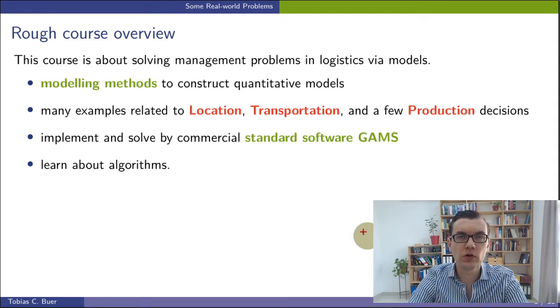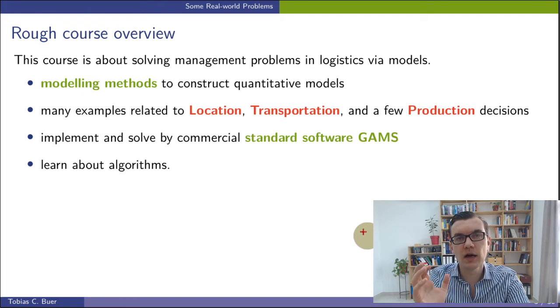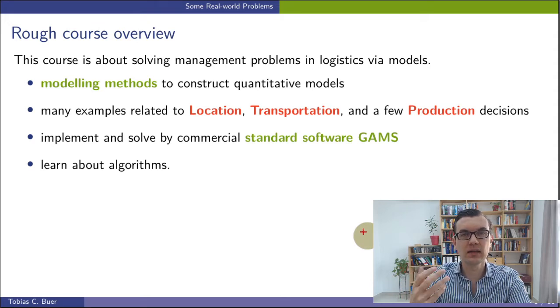So the focus in terms of methodology of this course will be learning about modeling methods. You will be able to read and understand existing models, and you should be able to extend these existing models. So we will deal a lot in this course with modeling methods.